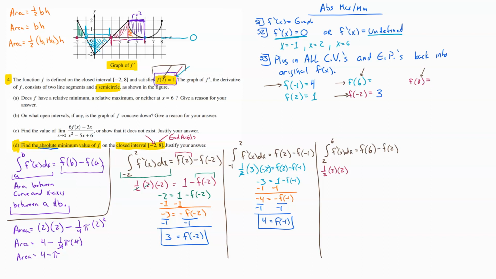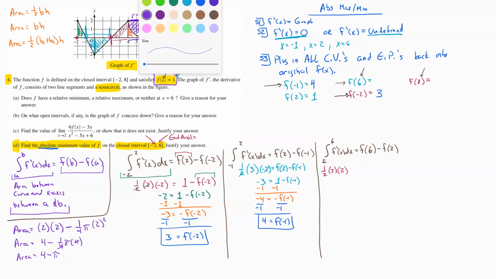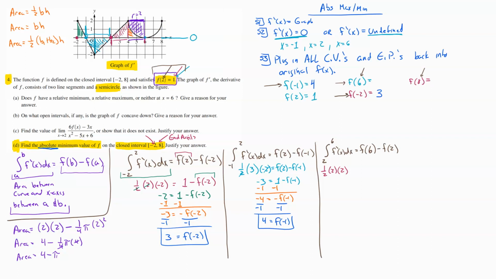We took the full rectangle, subtracted off of that the area of that circle, and that's going to leave us with the orange bit. So we have the triangle from 2 to 4, that's what we started with, and then we're going to add to that 4 minus pi, and that all needs to equal f of 6 minus f of 2. Cleaning this up, we end up getting on the left-hand side here, again, these 2's are going to cancel.